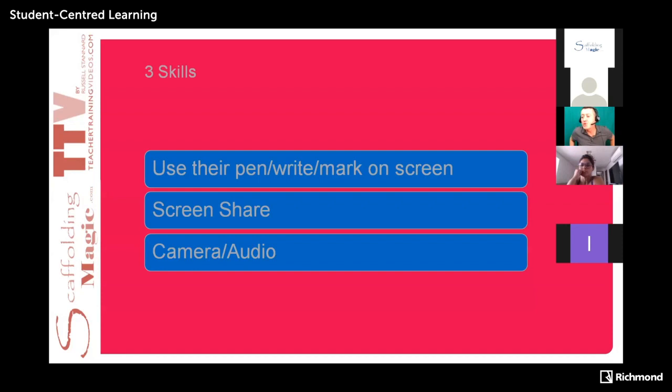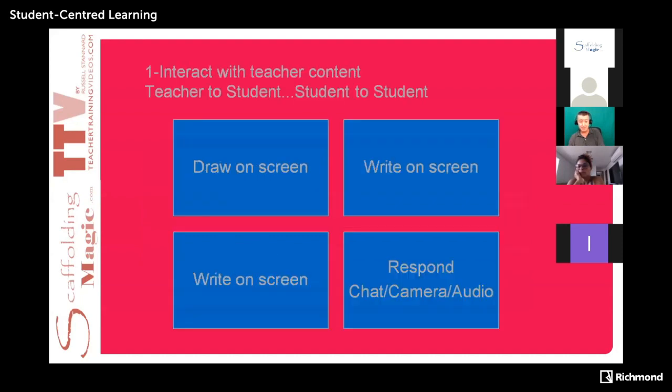I used to tell teachers, don't let the students write on the screen, don't turn on the camera. But actually, from my experience of talking to many, many schools, they're saying, no, no, no. At the beginning, you've got to let them. So you might need to keep that in mind. But these skills the students need. Without these skills, it's very hard for you to really run an interesting lesson.